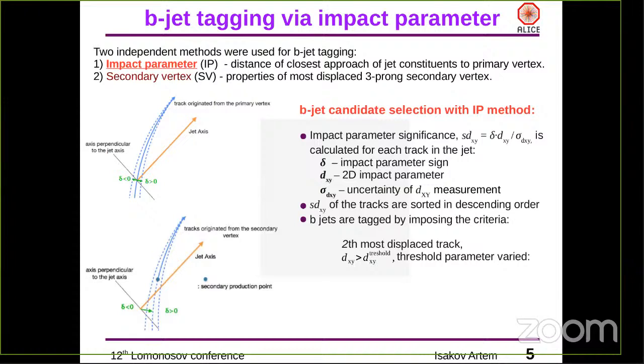Taking that into account, we calculate the impact parameter significance as the ratio of the two-dimensional impact parameter over the uncertainty in this measurement. Then we sort this parameter for each track in descending order and select only the most displaced track.